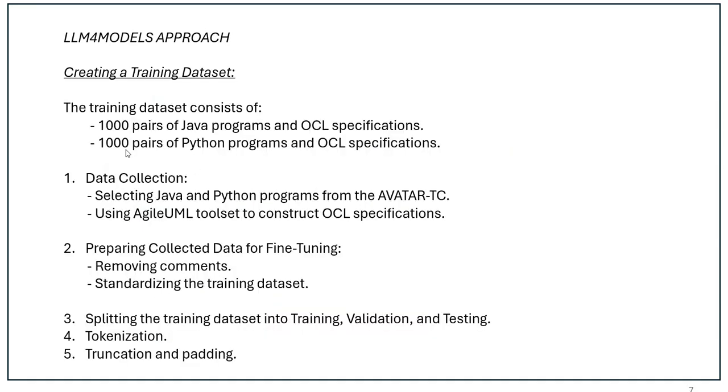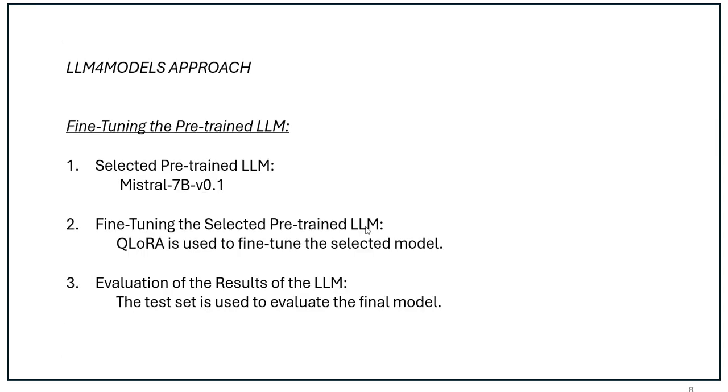So far we have 1,000 pairs for Java and 1,000 pairs for Python. That's being enhanced. And we took the sample programs from a widely used dataset, AVATAR TC. We used the Mistral LLM for reasons of efficiency and cost, and we used the quantized LoRA approach.